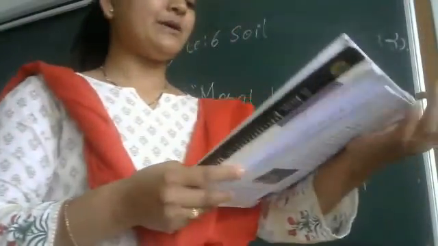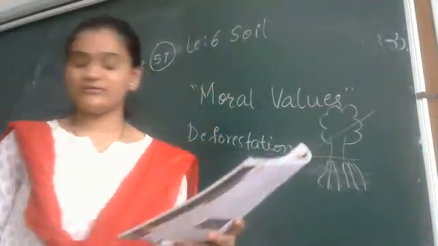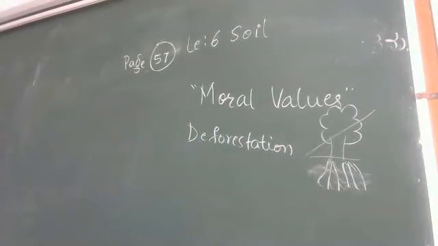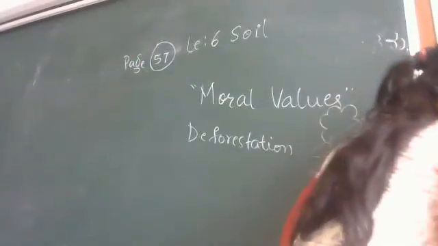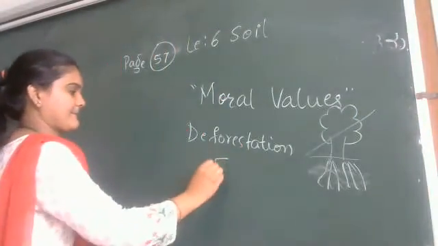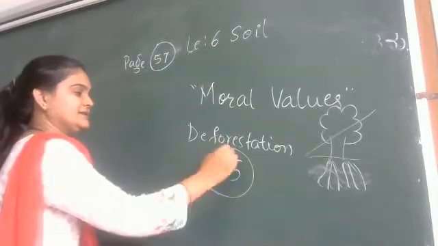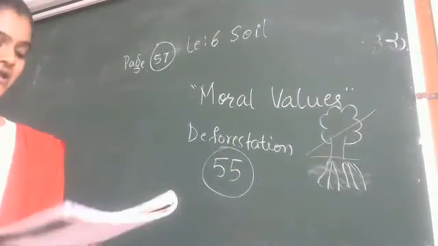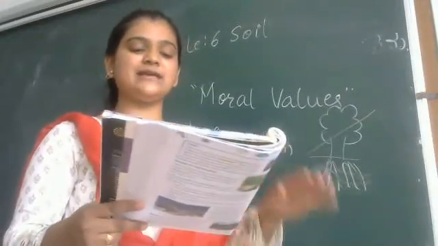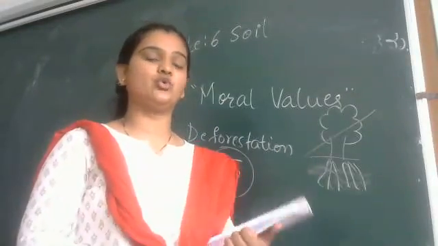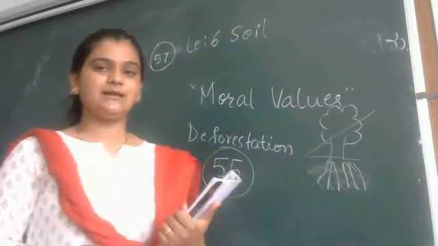So the uppermost, page number 55, the blue color box. The same thing that we have discussed now. Uppermost layer of the earth on which plants grow: topsoil.